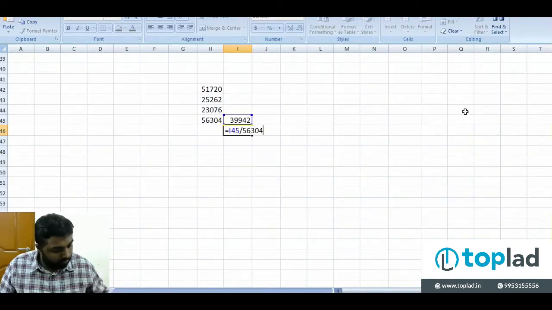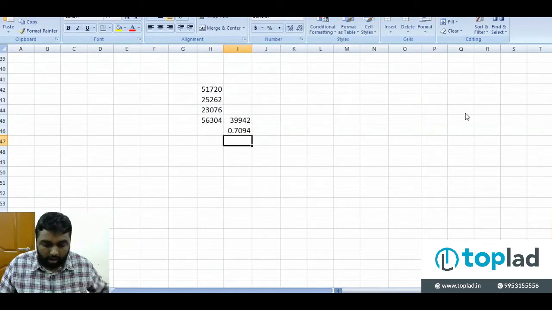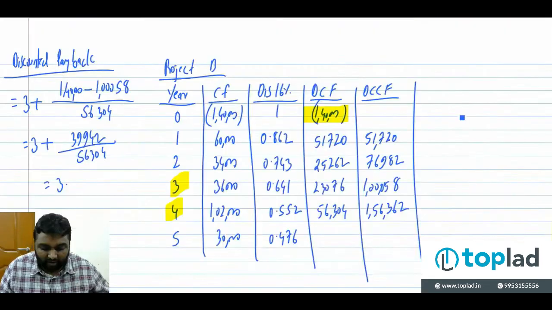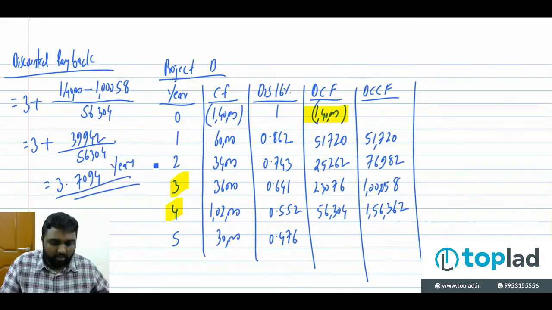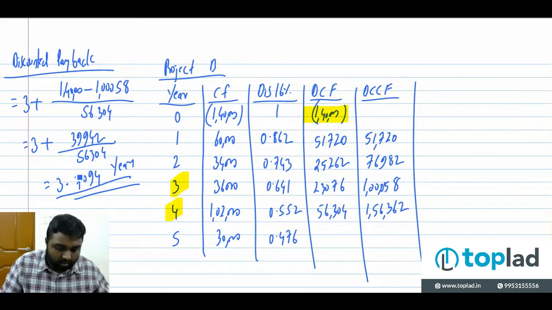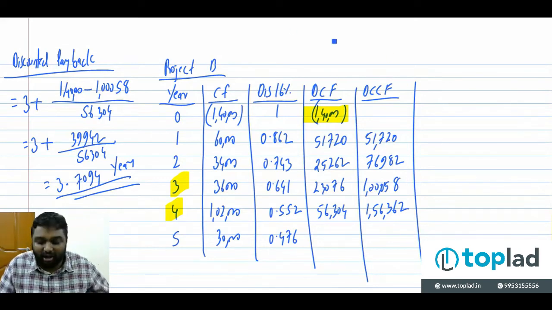You will get 0.7094. So 0.7094 years. So your answer will be 3.7094 years. Next NPV. What is the equation of NPV?